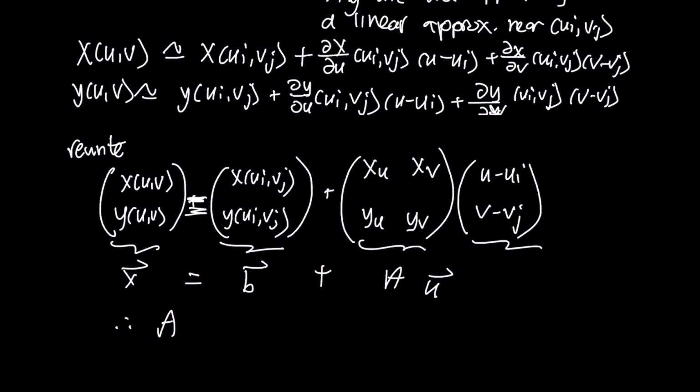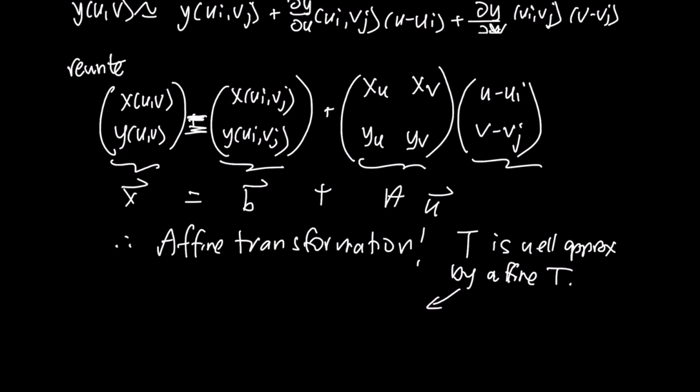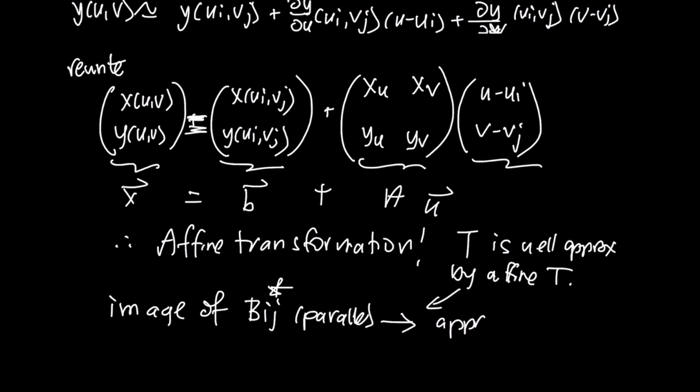We have an affine transformation. T is well approximated by this affine transformation. That means that the image of this box Bij star, which is a parallelogram, will then be approximated by another parallelogram in this xy plane.